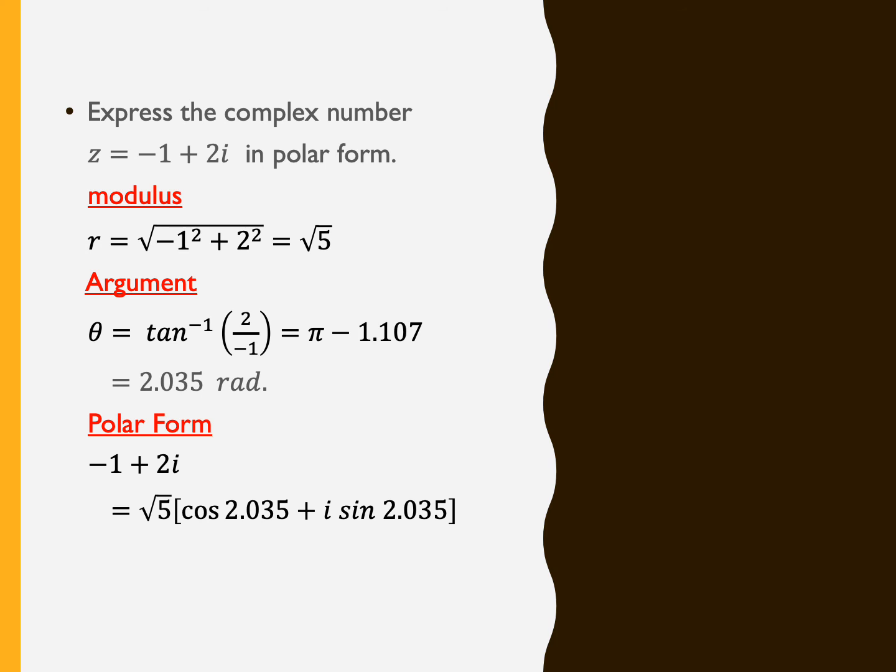Next, we will rewrite the complex number in polar form. So negative 1 plus 2i equals square root of 5 bracket cos 2.035 plus i sin 2.035.